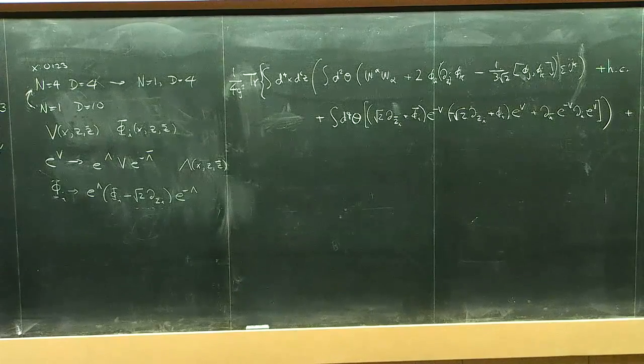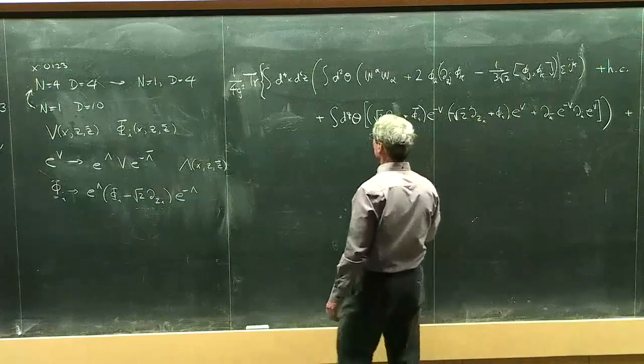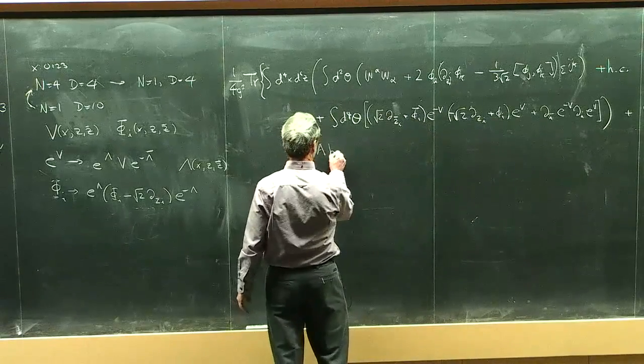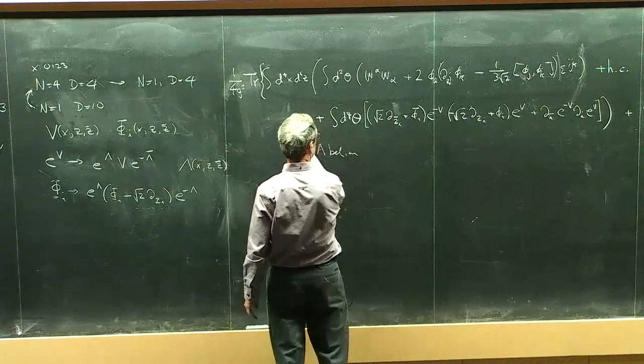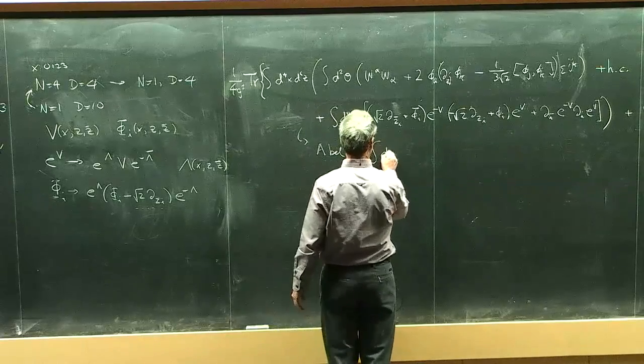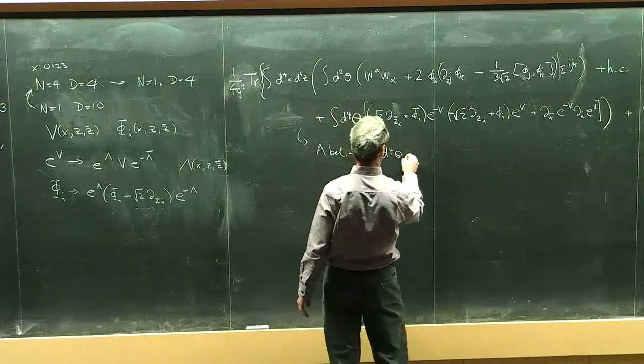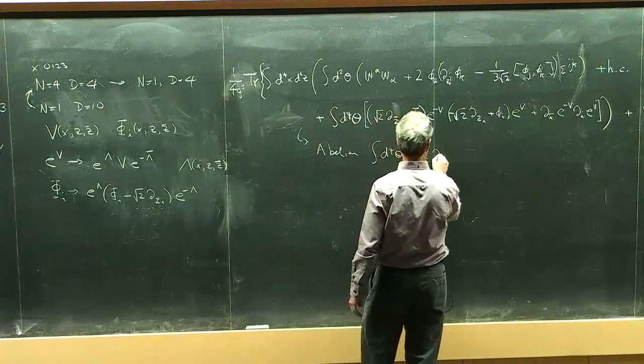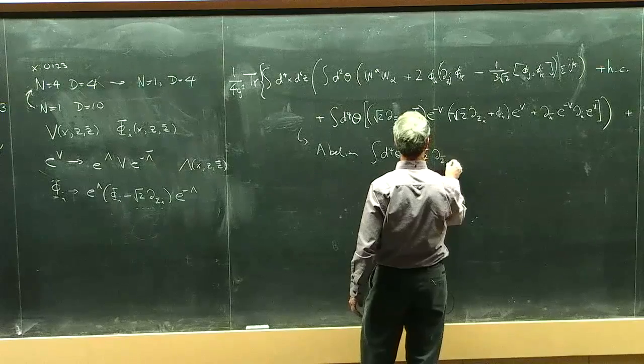Again, if you only know n equals 1, d equals 4 superfields, which is all I know, and you want to write down the n equals 1, d equals 10 theory, this is it. And in the abelian case, the second line simplifies quite well. It looks nicer. But you've got an infinite number of four-dimensional fields?